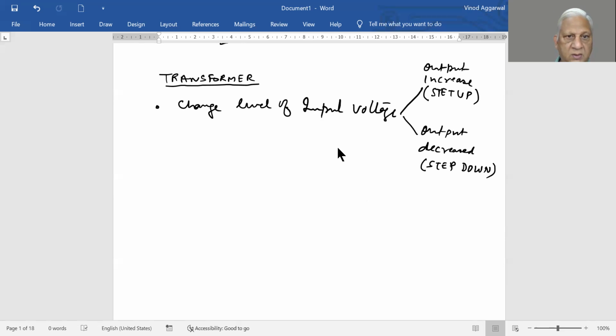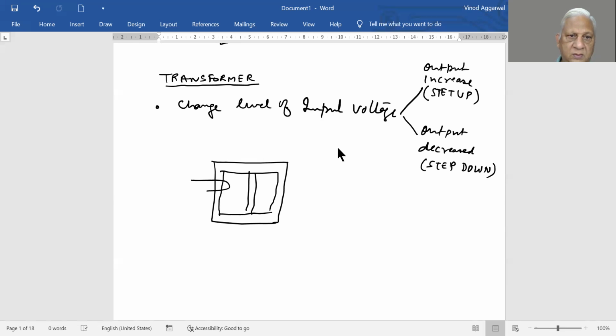Okay. So how does it look like? Basically, a transformer is a ferromagnetic core on which one side is called the primary side, and similarly you have a coil wound on the opposite side.